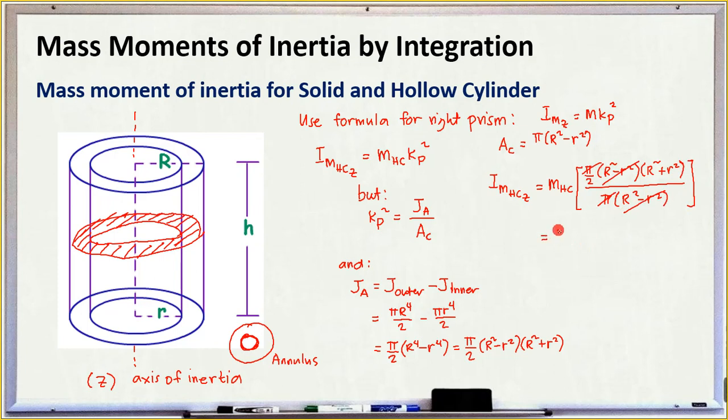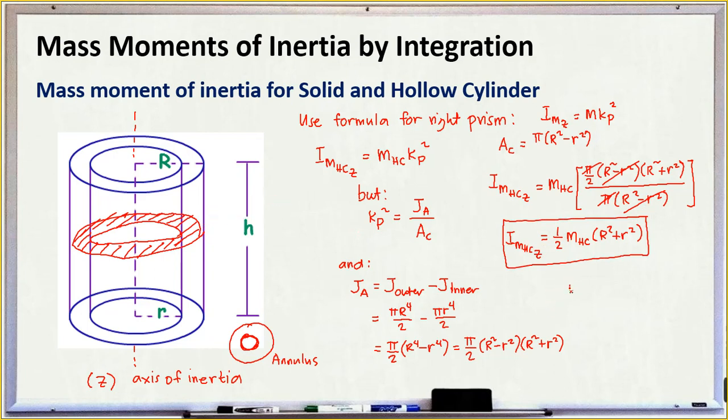So what's left is 1/2 mass of the hollow cylinder times the sum of the squares of the two radii, the outer and the inner radius. So this is the general formula for the mass moment of inertia of a hollow cylinder with respect to its geometric axis or centroidal axis.